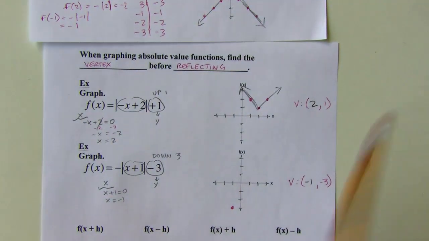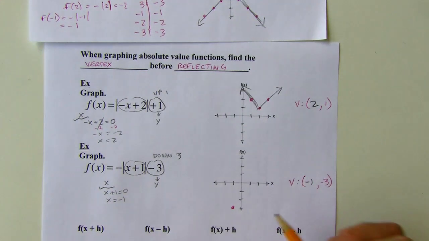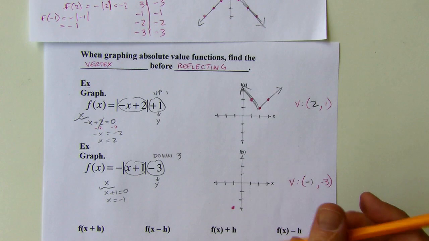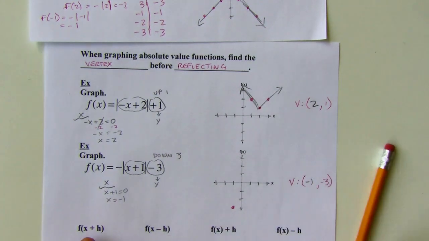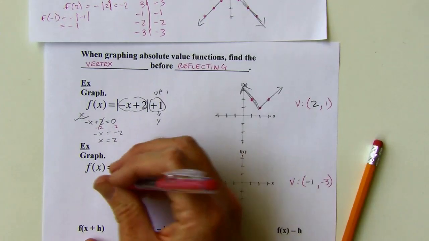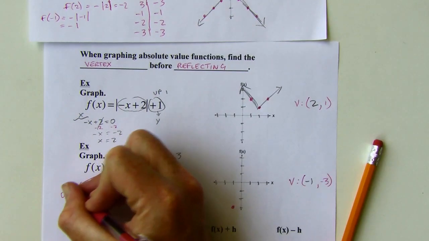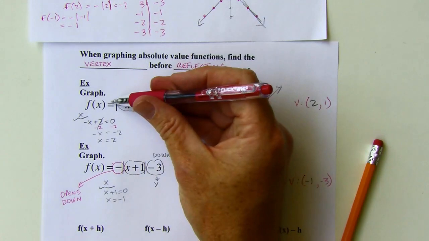When you have something on the outside like this, it's going to reflect over the x-axis. So this is actually going to flip things and make them open downwards. If there's no negative in front of the absolute value, it's going to open upwards.